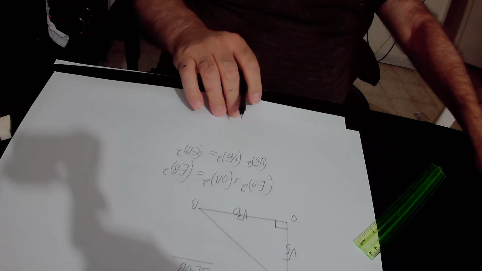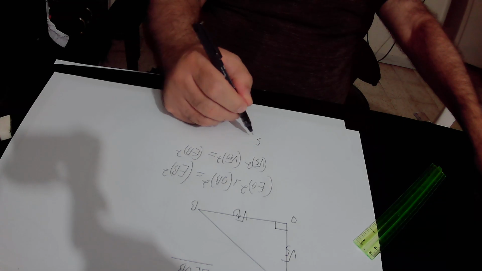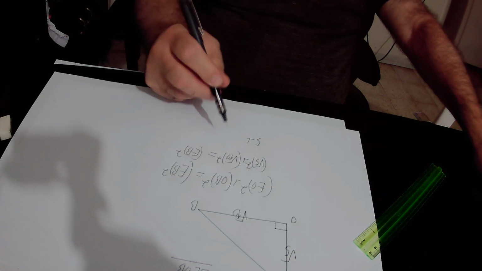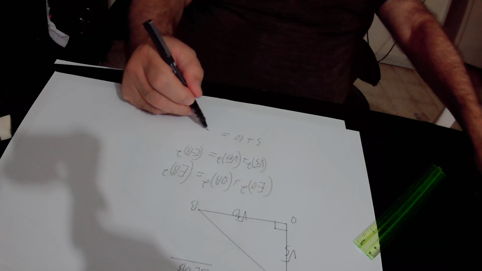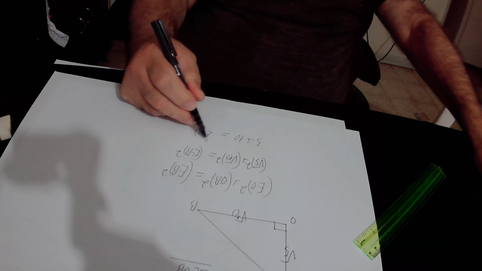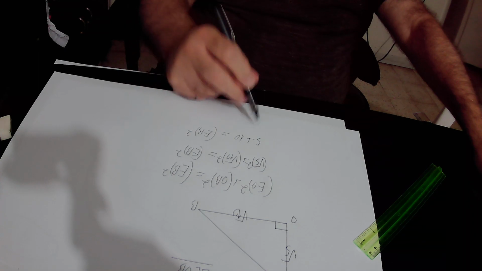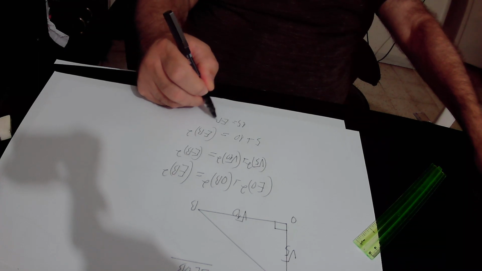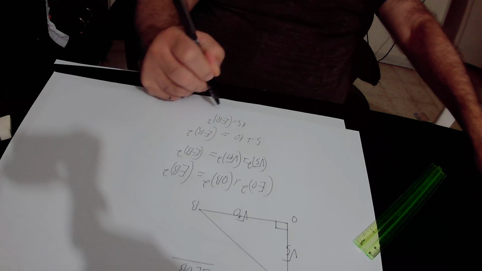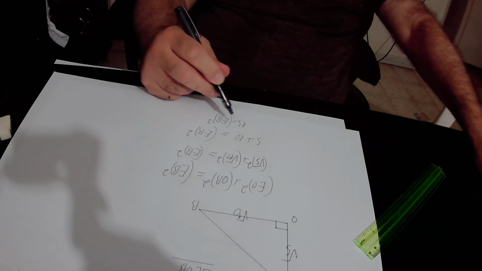Square root of 5 square is 5 plus square root of 10 square is 10. That is equal to EB square. 5 plus 10 is 15, equals EB square. We found out that 15 equals EB square.